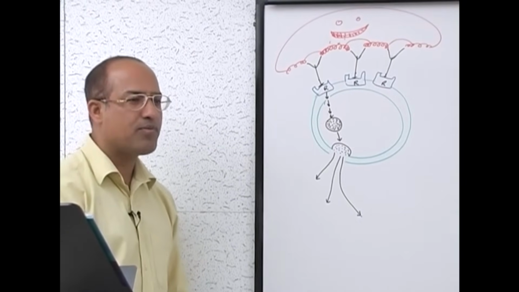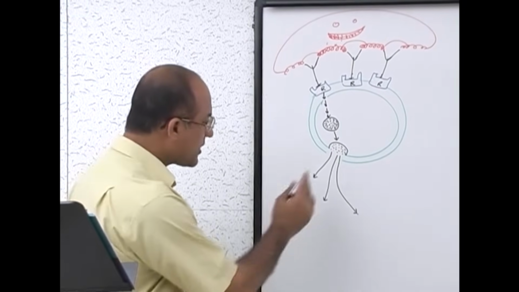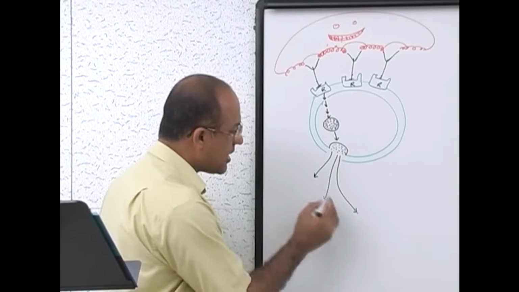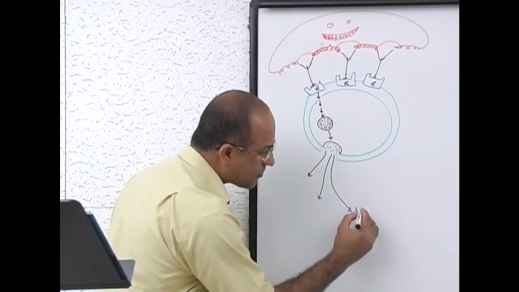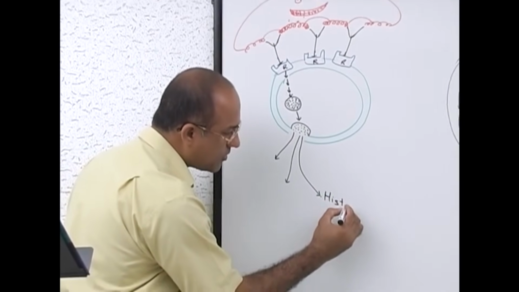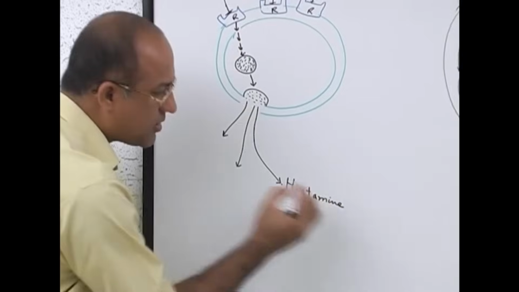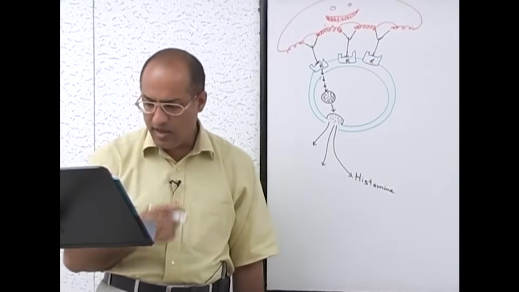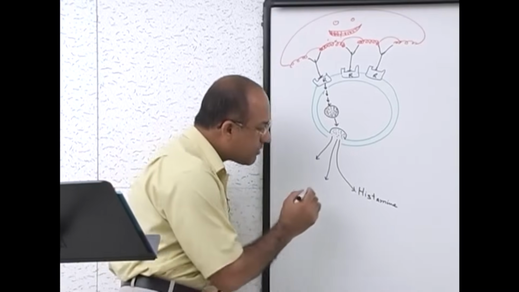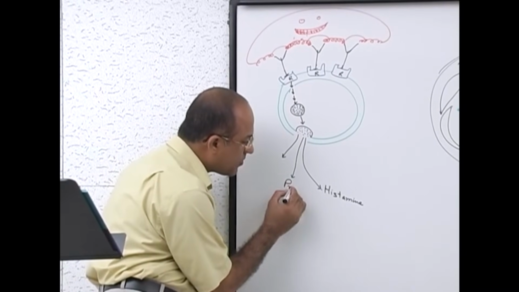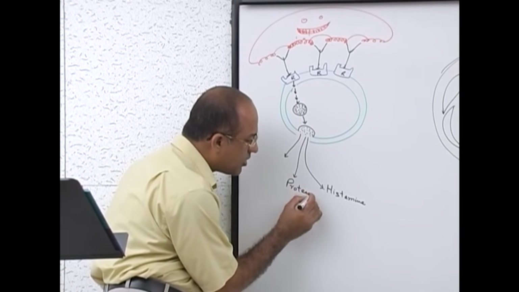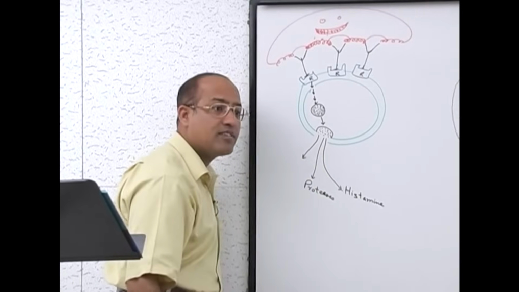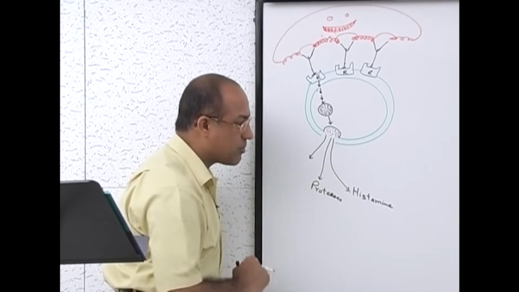These are preformed products. The products which will be released from here are histamine. Histamine will be released from the mast cell granules, right? And along with the histamine, there will be proteases, proteolytic enzymes. These enzymes can break down proteins.